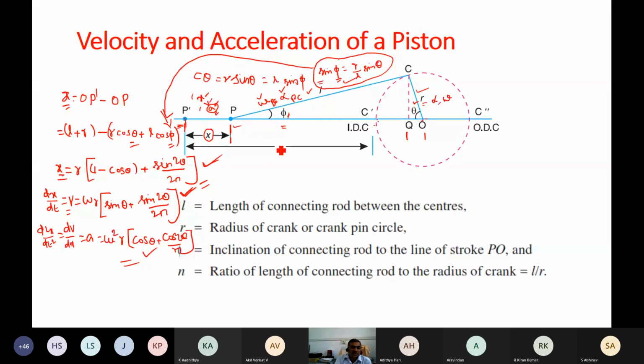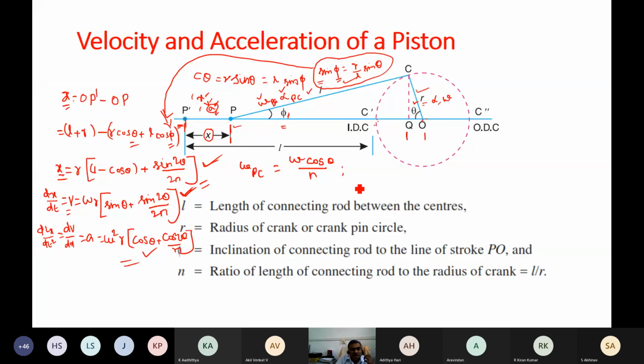Similarly, you can calculate the angular velocity and angular acceleration of the connecting rod. Omega PC is the angular velocity of the connecting rod. This can be calculated using the equation omega into cos theta divided by n.